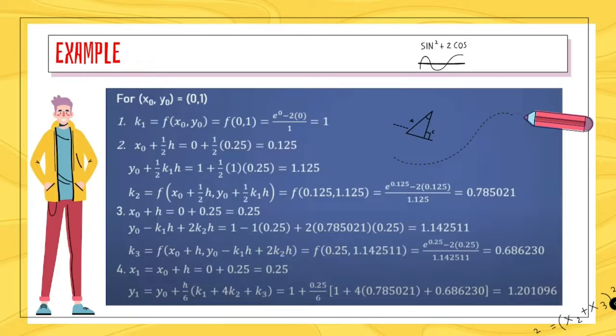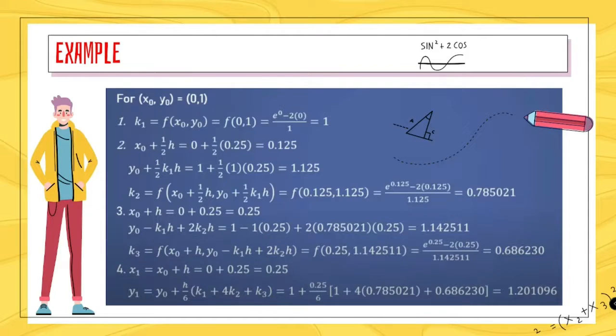Step 2 is solve for k2. X sub 0 plus 1/2 times h equals 0 plus 1/2 times 0.25 equals 0.125. Y sub 0 plus 1/2 times k sub 1 times h equals 1 plus 1/2 times 1 times 0.25 equals 1.125.